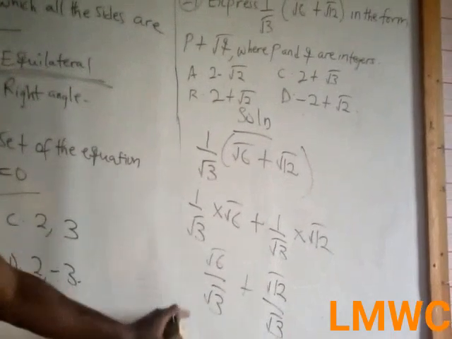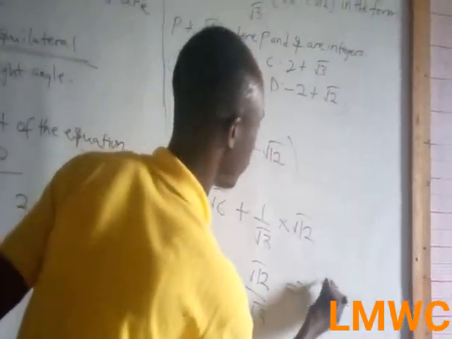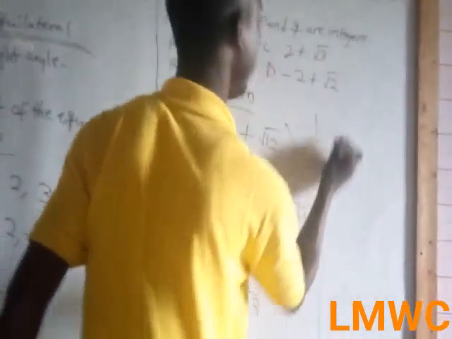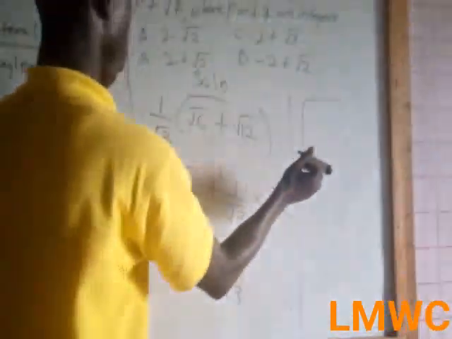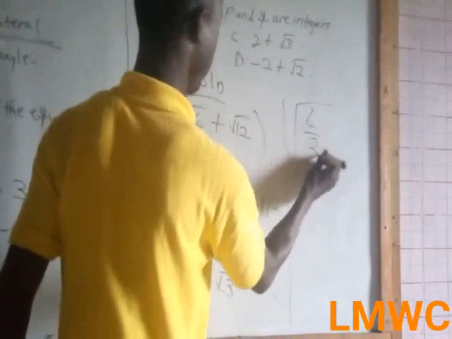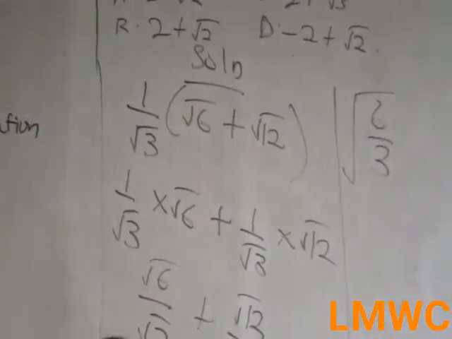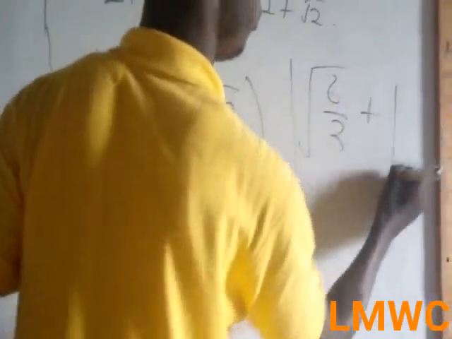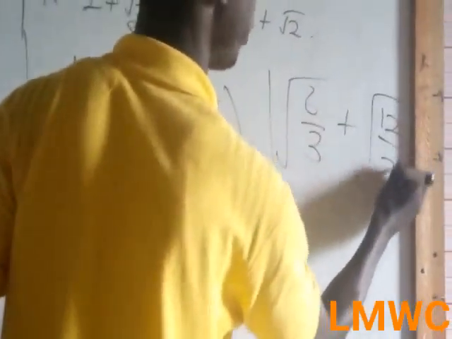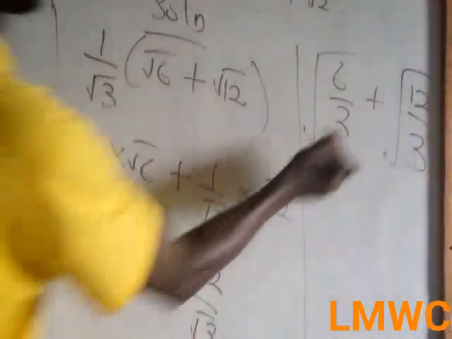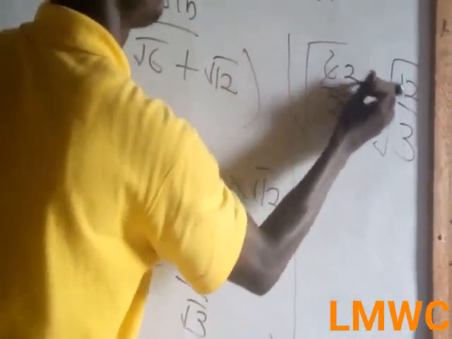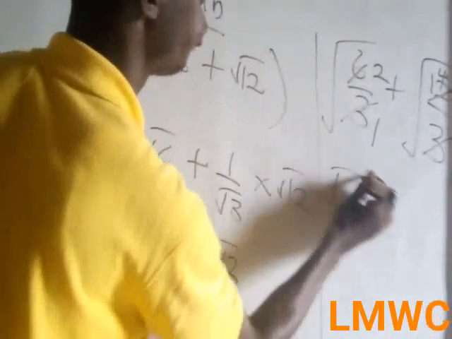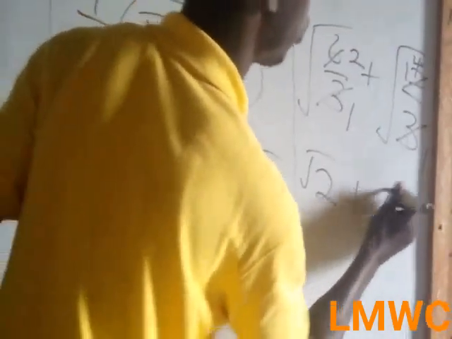And this can also be written as the square root of 6 over 3 plus the square root of 12 over 3. 3 goes into 3 once, 3 goes into 6 two times, 3 goes into 12 four times. So we have root 2 plus root 4.